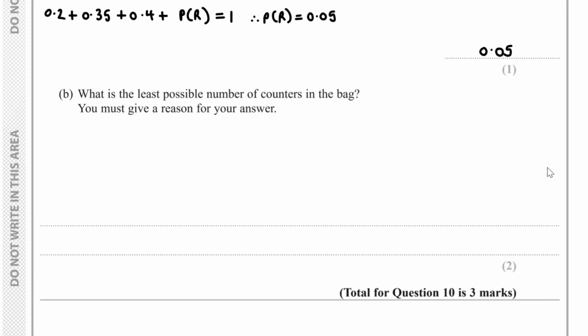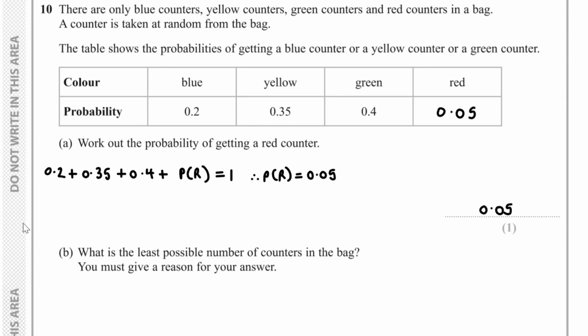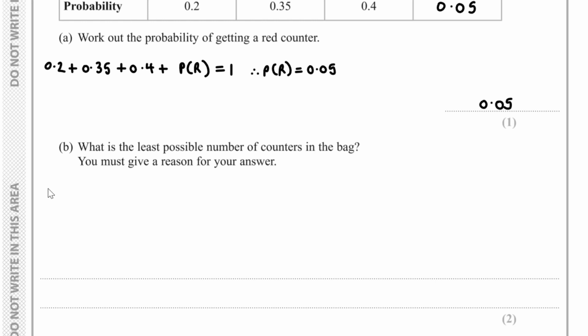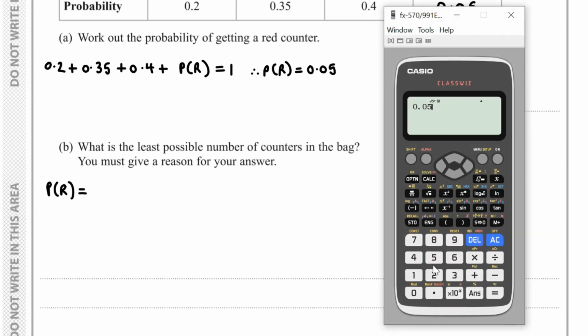Now for part B, what is the least possible number of counters in the bag? You must give a reason for your answer. Well, if we take a look at these probabilities, the smallest one is the probability of getting a red. And of course, the probability of getting red is equal to 0.05, and if I work that out as a fraction, that's 1 over 20.